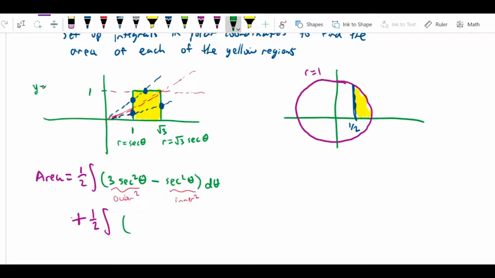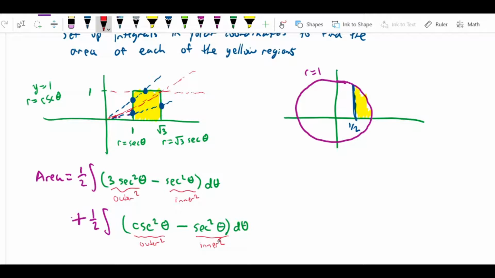So y equals 1 is the horizontal line that we write in polar coordinates as r equals cosecant theta. I put up a table earlier explaining how to convert horizontal and vertical lines into polar coordinates, so you can refer to that. The outer function is cosecant, so that's going to be cosecant squared theta minus secant squared theta d theta. Once again, this is outer squared, and this is inner squared.